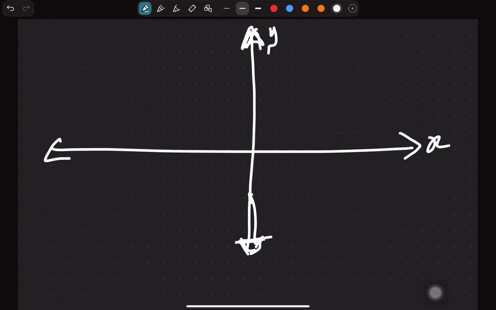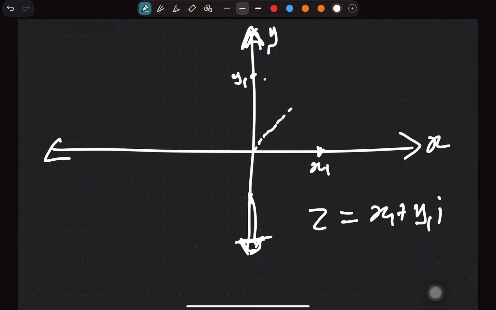So when I have, for example, a complex number x plus yi, let me say x1 and y1, so x1 plus y1i, then I can say my x is here and my y is somewhere here, y1 and x1 is here. Then I can represent my complex number and call it z, equal to x1 plus y1i. So it's as simple as that.